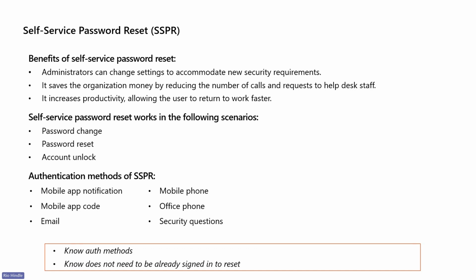And then after that, it will ask them to authenticate through their second factor. Once they've authenticated through their second factor, they're then able to reset their password. Whether or not they've forgotten their password or just want to change it, the same principle applies. They can access that given site and they can reset their password.